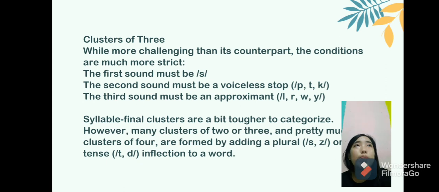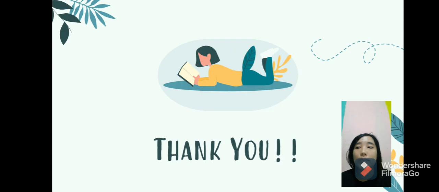For example, it can be spy, or sky, and others. Syllable final clusters are a bit trickier. However, many clusters of 2 or 3 and pretty much all clusters of 4 are formed by adding a plural like s, or past tense like t and d, an inflection to a word.